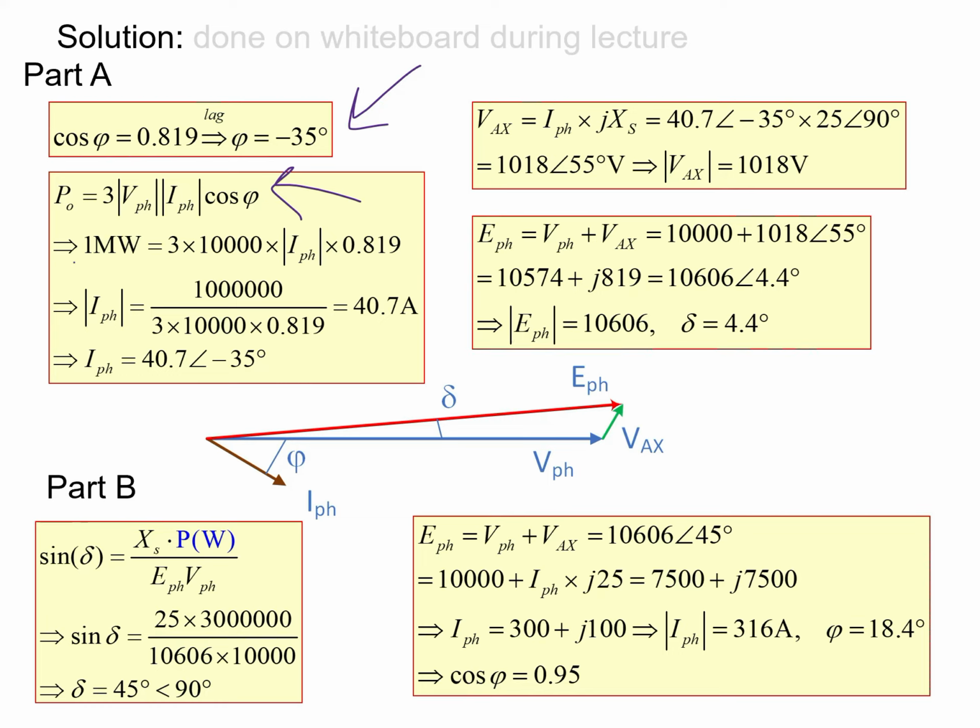So we already have the power value, and we already have the voltage per phase. This is the variable that is missing. Everything else in the equation is known. So if we isolate the current per phase, we are going to get its magnitude, and we know the phase from the power factor, that it is minus 35 degrees.